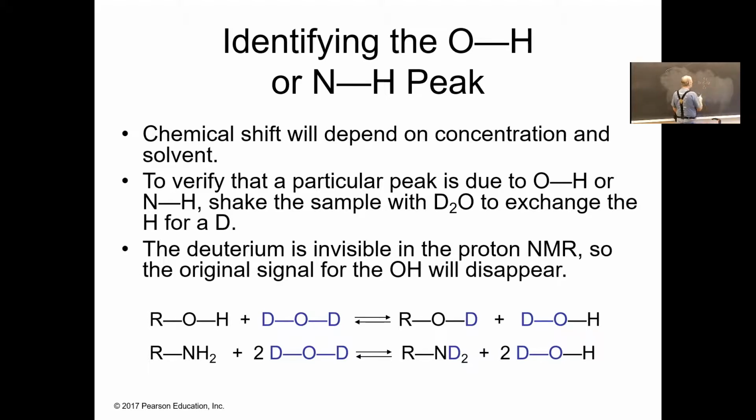We typically do see a tiny peak. There'll be a small amount of solvent which is not deuterated, so that'll show up in the case of chloroform D. Ordinary chloroform shows up at about 7.2.